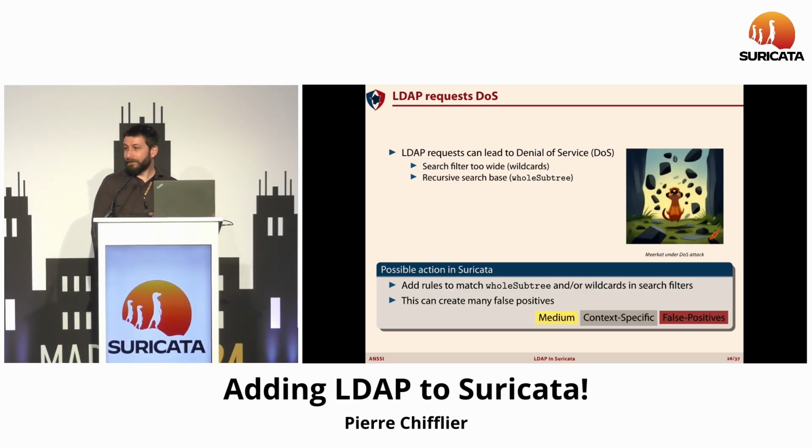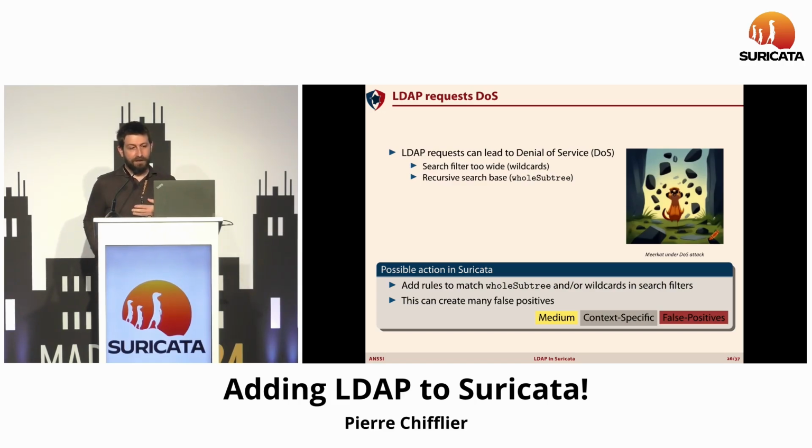LDAP servers are also subject to denial of service. And in fact, it can be rather easy because there is a nice amplification possible. You send a simple request that will just ask for the entire tree. The request takes a few bytes, and the reply will take a lot of time and data. So the server can quickly be under denial of service.